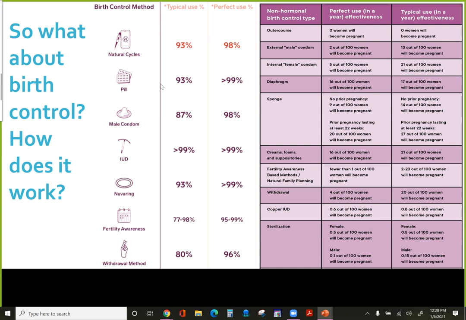Rightly or wrongly so, right? It takes 2, but because it happens in our bodies, most of the onus is put on us to prevent it, right? Because guys, once they're done, they can get up and walk away. There's no consequence for them. So most of that initiative is left on the woman to make sure that she prevents pregnancy.